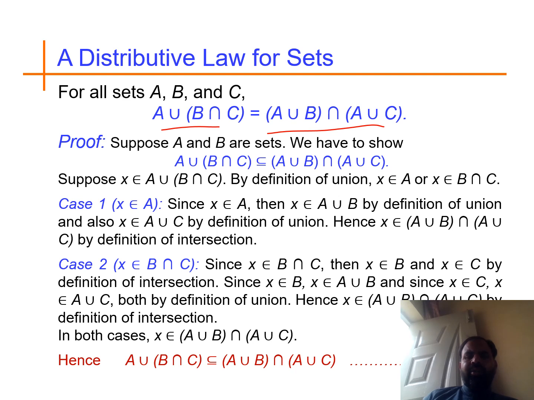So we take case 1, X belongs to A. Since X belongs to A, then X belongs to A union B, by the definition of union, and also X belongs to A union C. For any union taken with A, X belongs to that union.